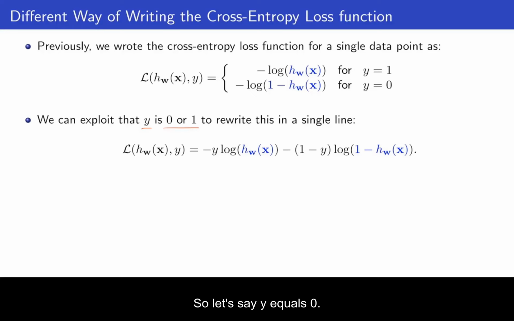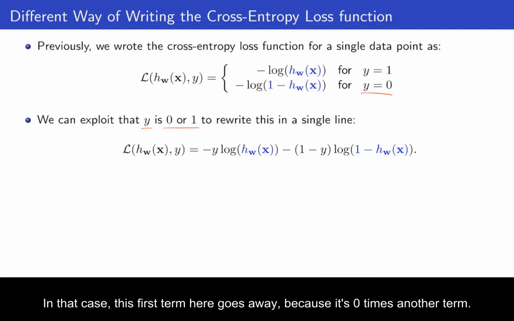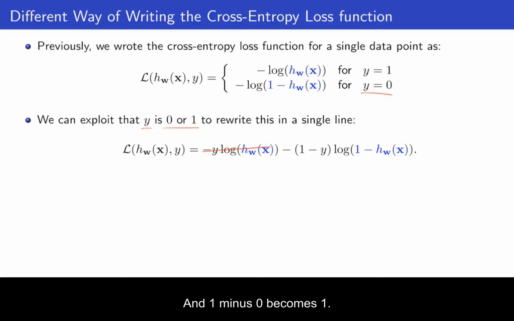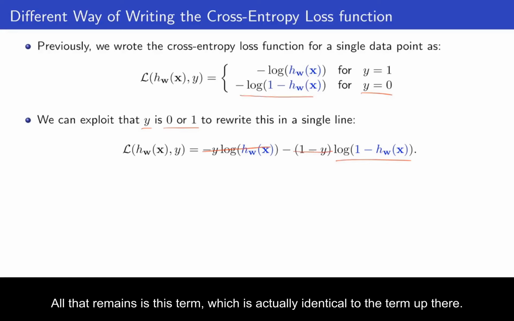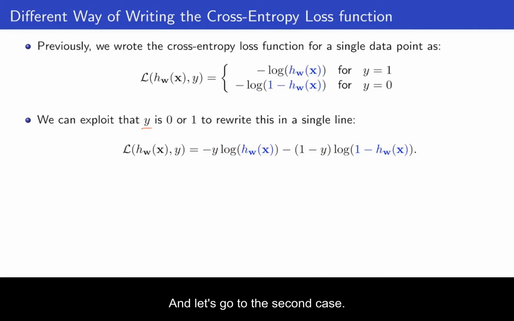So let's say y equals 0. In that case, this first term here goes away because it's 0 times another term, and 1 minus 0 becomes 1. And all that remains is this term, which is actually identical to the term up there. And then let's go to the second case. Let's say y equals 1.